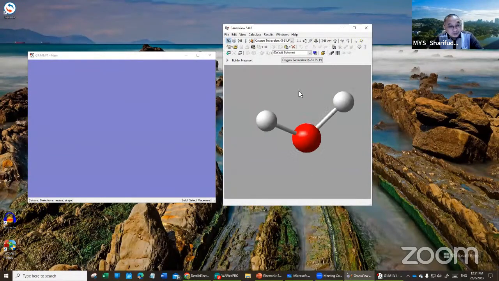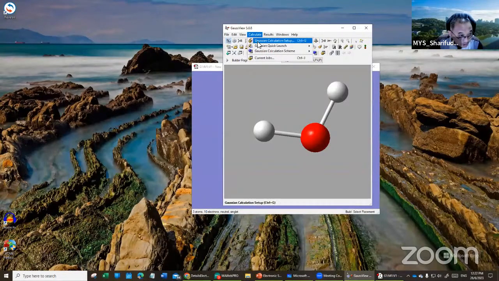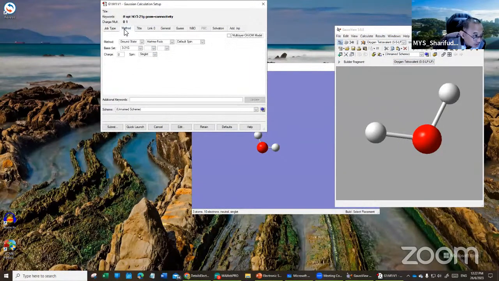This is going to be the input molecule, and we'll prepare the calculation. I hope it's going to work. We optimize the molecule and we are going to calculate the configuration interaction.